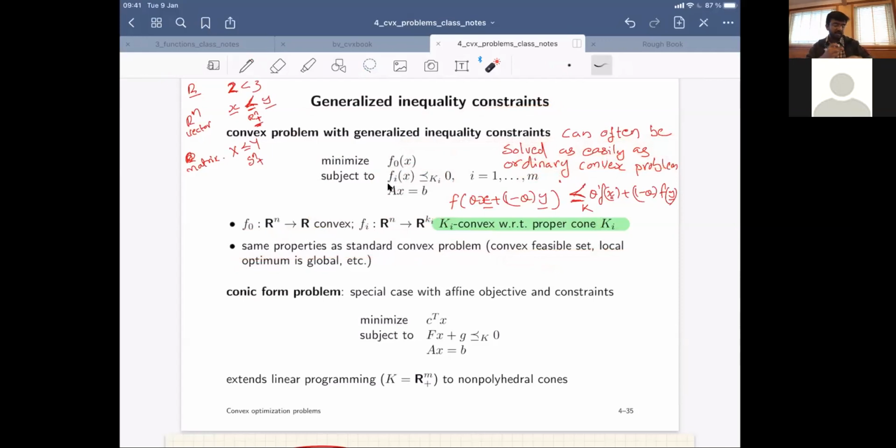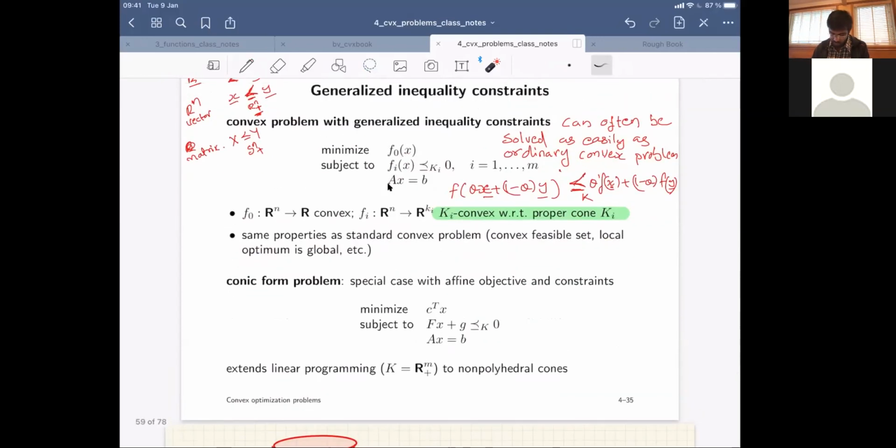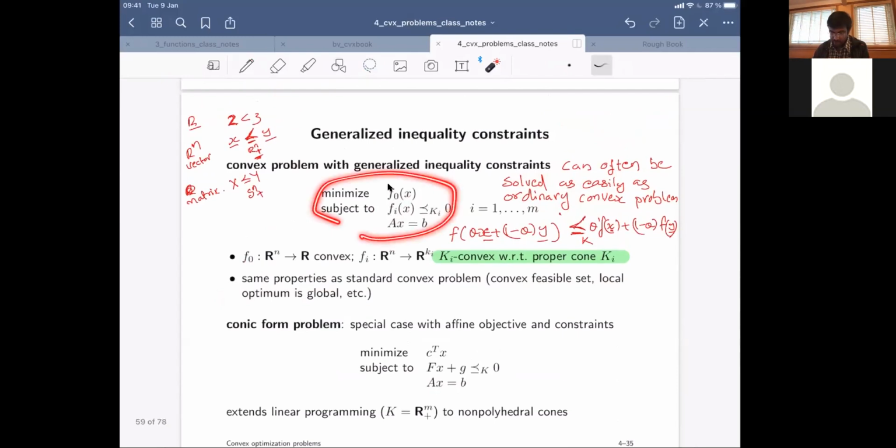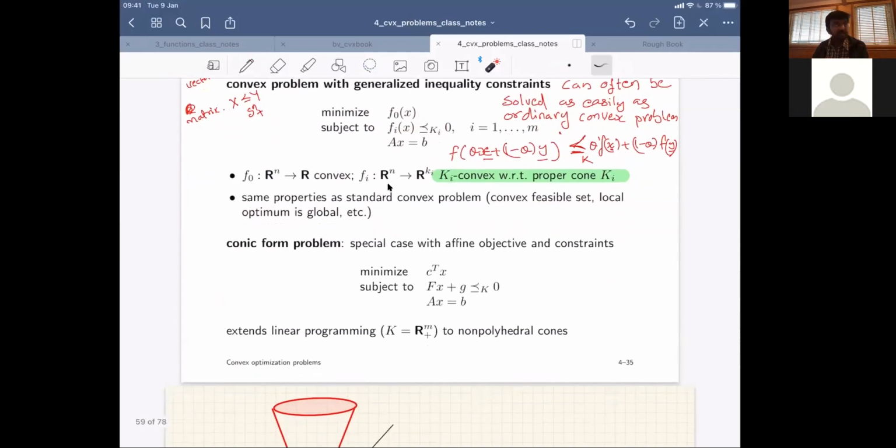Now a special class of these, which is very important for us, is called the conic form of the problem. What is a conic program? It is this problem when f0 and fi are affine. Just rewrite this: instead of f0, I'm using an affine function here, and again an affine function here.